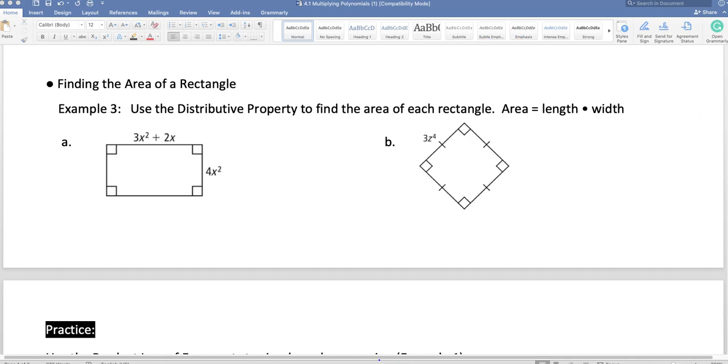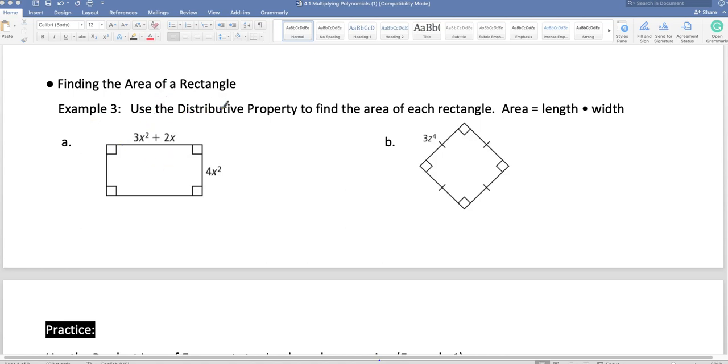All right, I have here a rectangle, and this is actually a square. These lines right here say that those sides are equal to each other. So if the sides are equal to each other, and these are all right angles, this is actually a square. So we're going to look at it a couple of different ways. But let's look at the rectangle first.